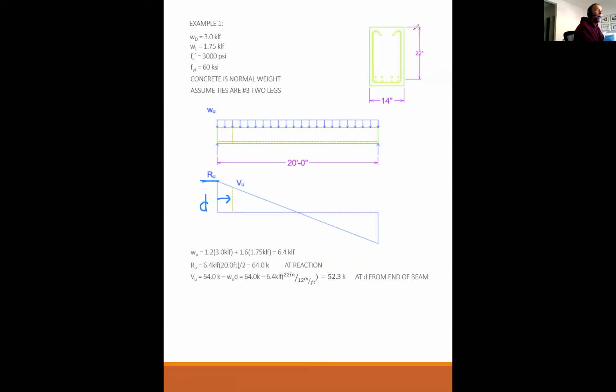So D is a vertical height, but I can go D in from the end. D is 22 inches, so I go 22 inches from the end of the beam, and I analyze what VU is at that point. That's what the code allows us to do. Okay, so here RU is 64 kips, VU is 52.3 kips because it's in from the end. Okay?